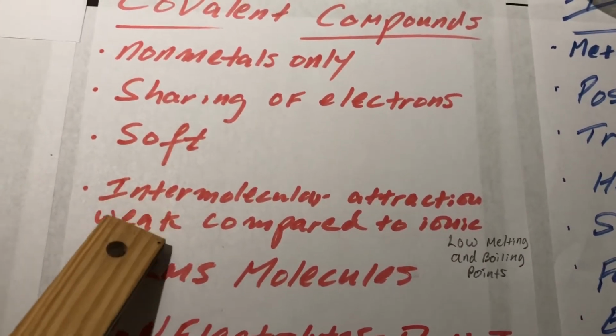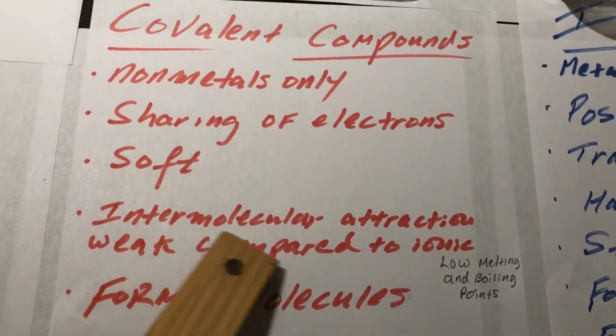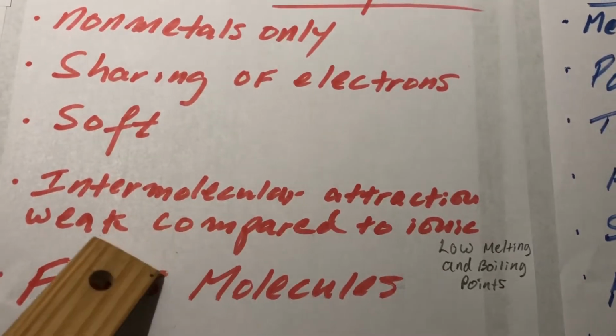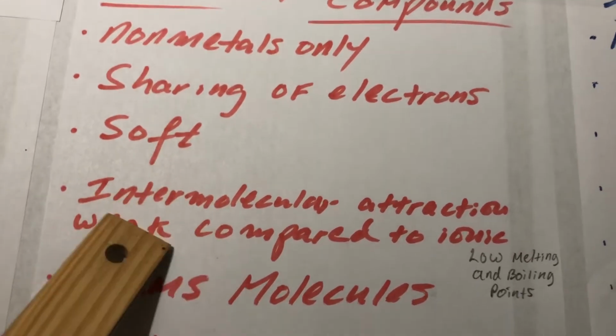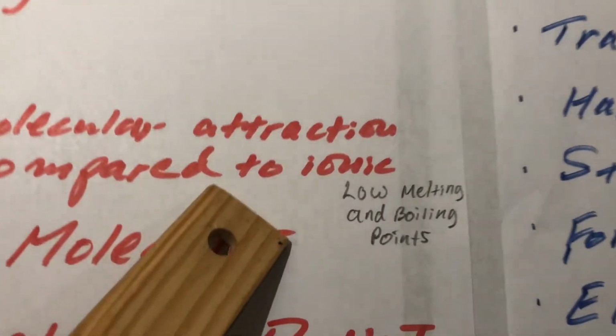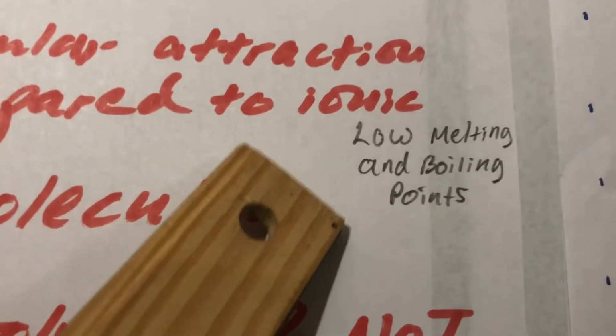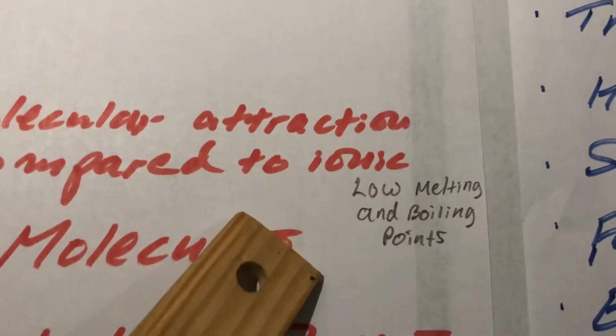The intermolecular attraction between the molecules of covalent compounds is relatively weak compared to ionic compounds, and because of that, they tend to have low melting points and low boiling points.